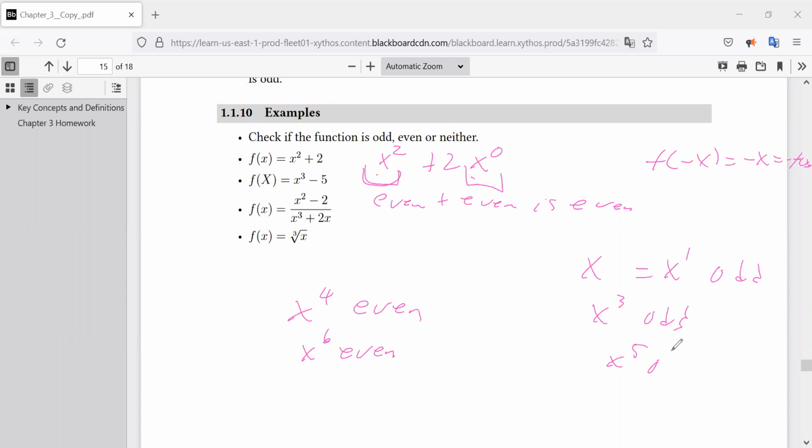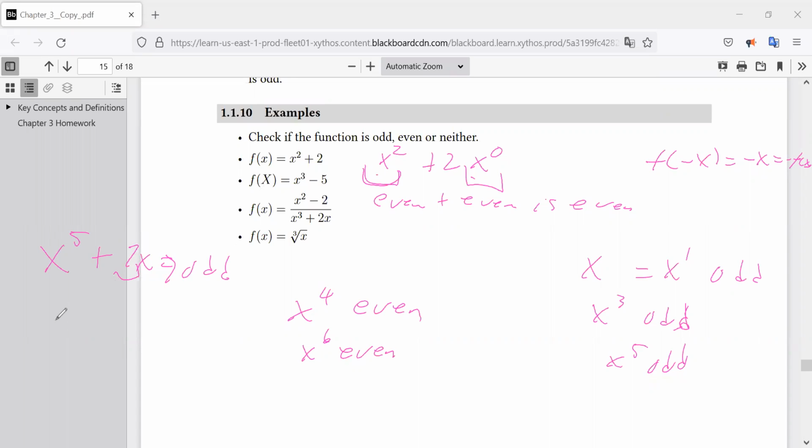X to the 5th is also odd. And if you add together two odd functions, you get another odd function. So if we have x to the 5th plus 7x, that's odd. If you multiply it by a constant, that's not going to change it.